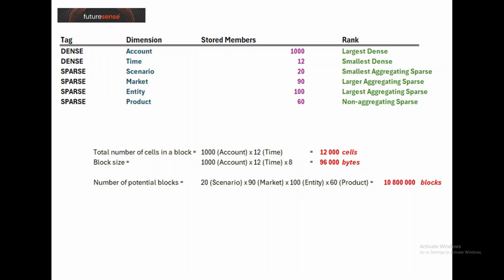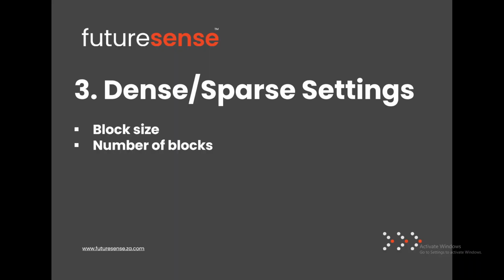How do you calculate block size? Data block size is determined by the amount of data in a particular combination of dense dimensions. Data block size is 8 times n bytes, where n is the number of cells that exists for that combination of dense dimensions.